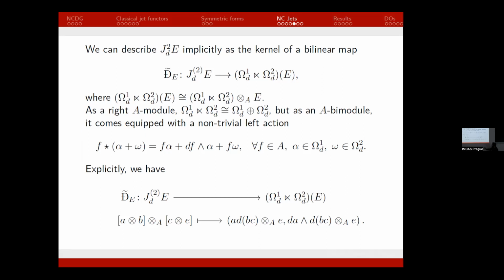Yeah, in fact, we have two actions on this object, and we can see that the right action corresponds to the splitting, which appears in the short exact sequence. So in a sense, already in the classical case, we have two different actions.